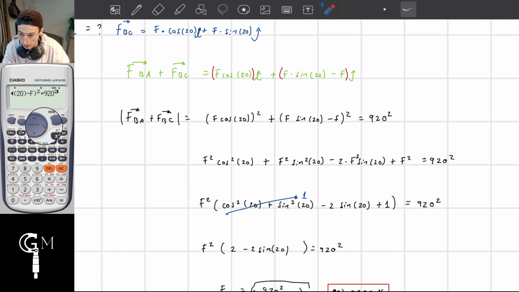Now, shift solve. Okay, it is showing an error because I've used F, so I'm going to change it to X. Shift solve. Yes, I want to solve it for X.